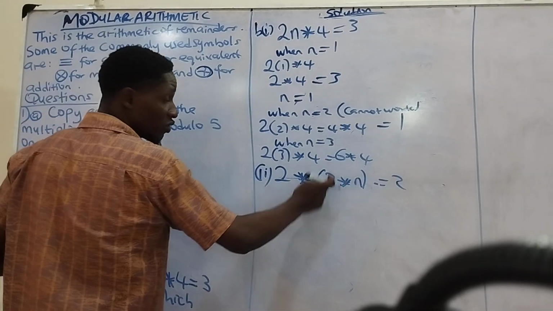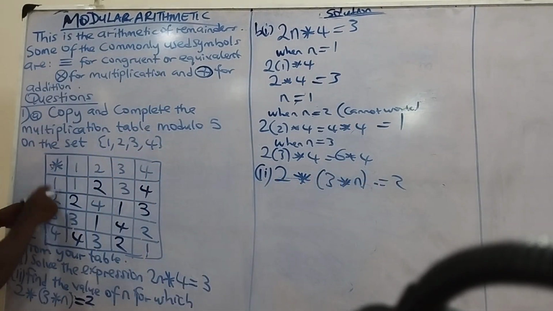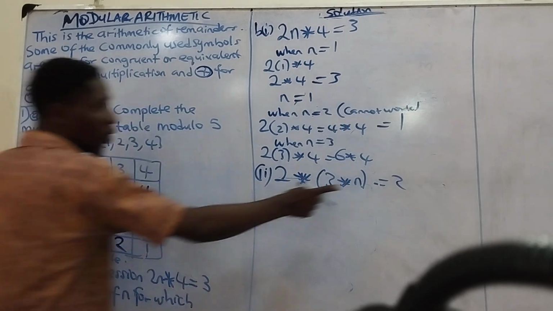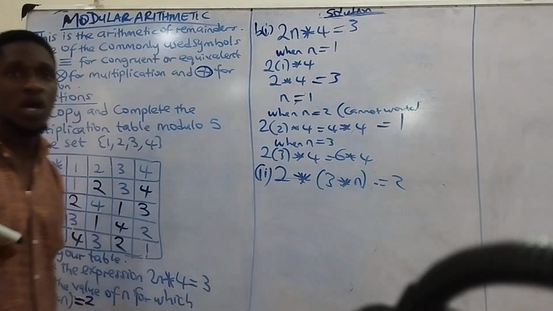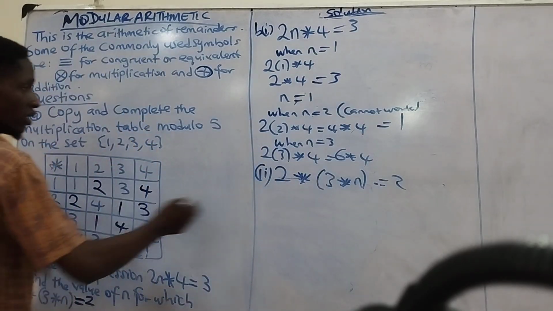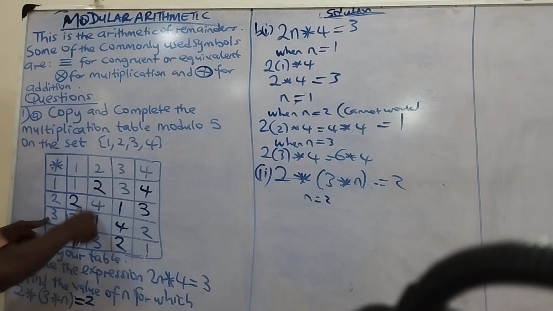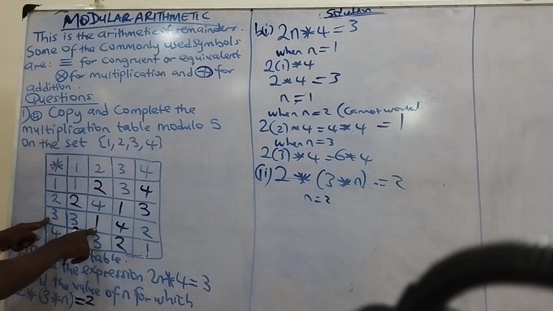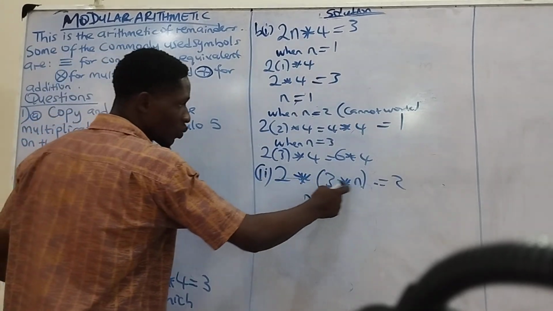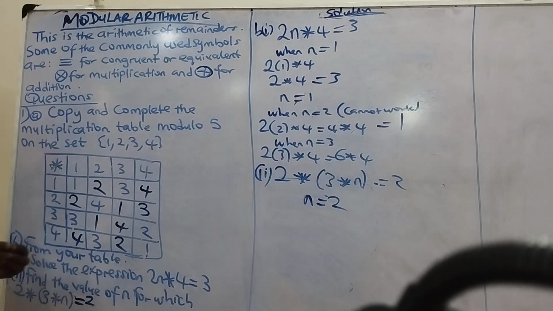So this bracket will give us 3 when we use n as 1. Then 2 times 3 is 1, and 1 is not here. So n as 1 cannot work. Let's try 2. When n is equal to 2, 3 times 2 is 1 in this table. Then 2 times 1 is 2. So n is equal to 2. And that is how to solve it.